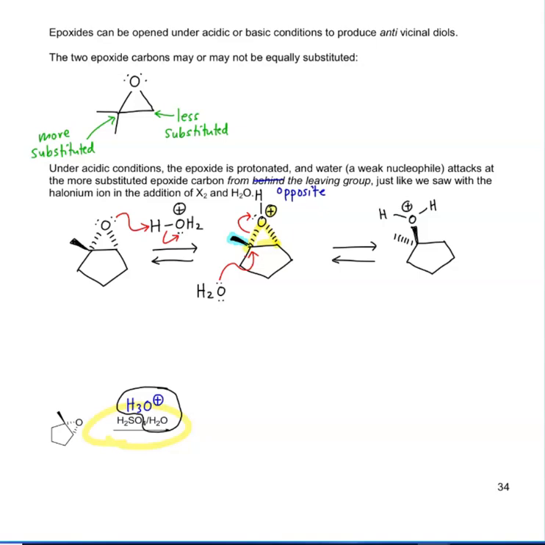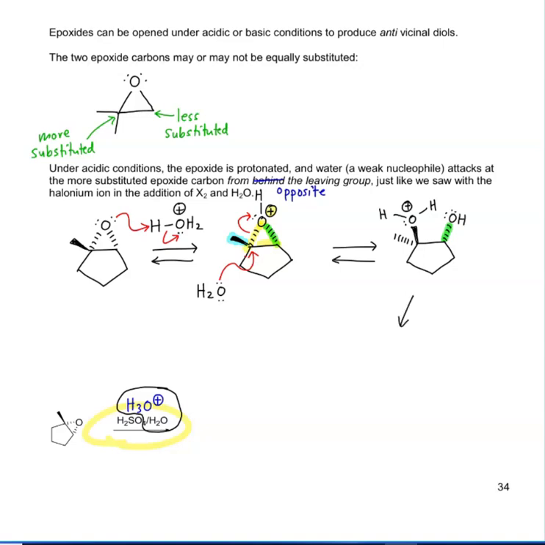You have water attached, and then the other bond to the oxygen that was part of the epoxide ring stays the same. It's still going back. So that would be the green bond.